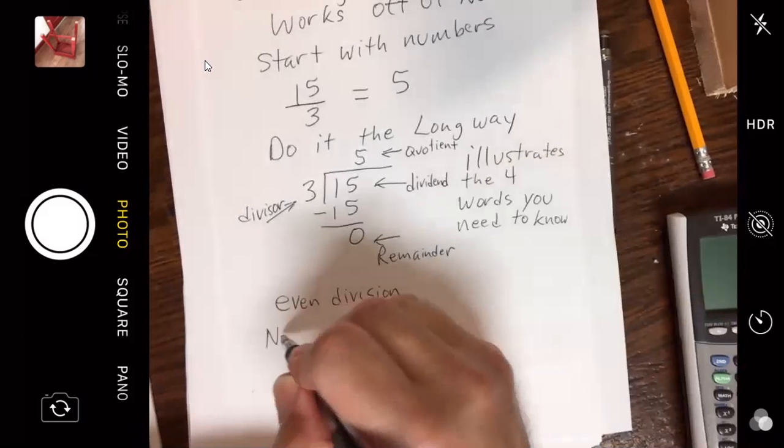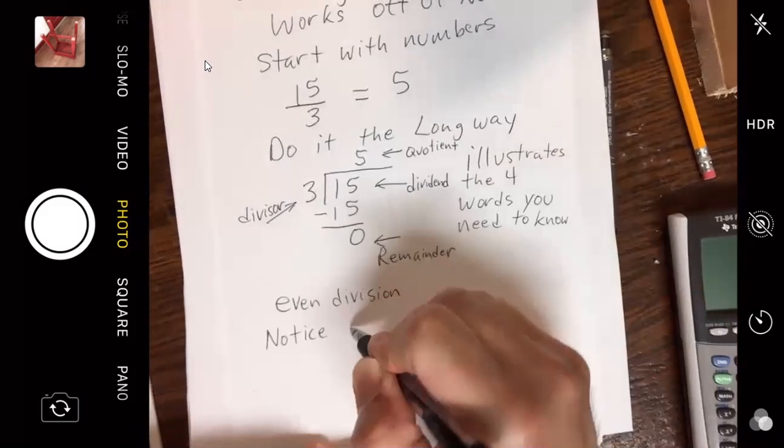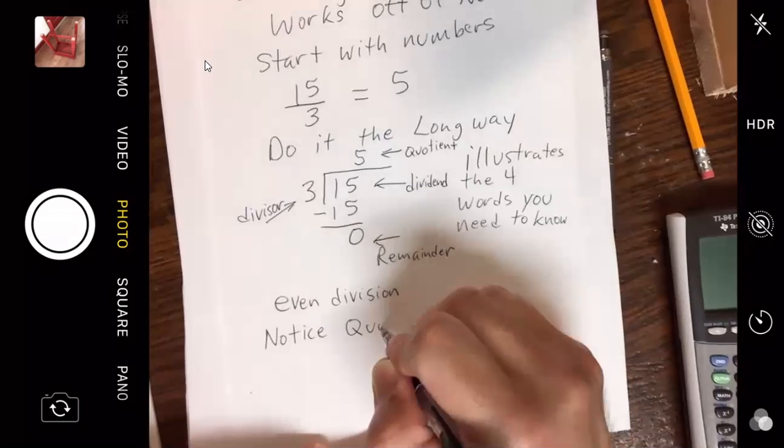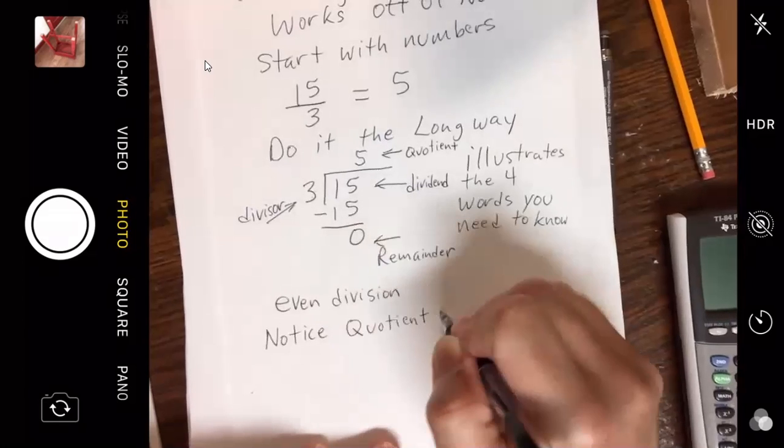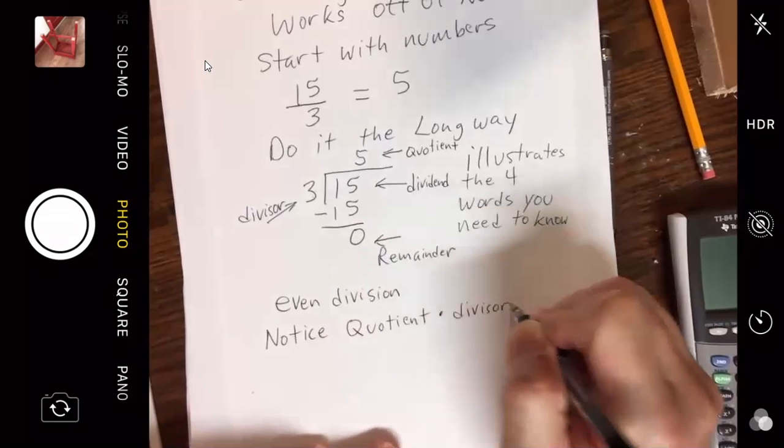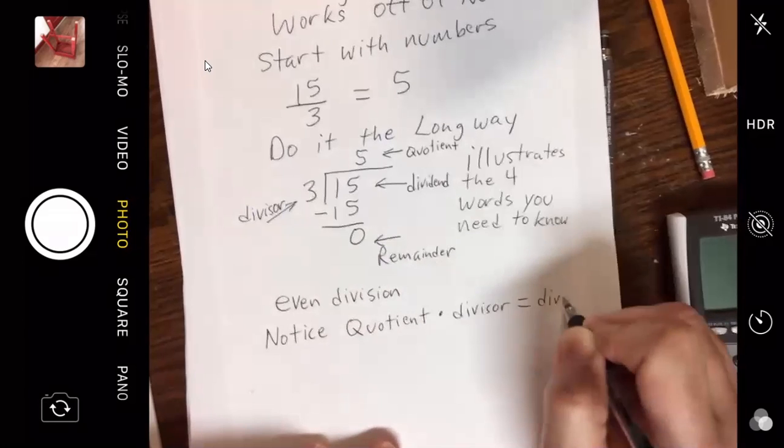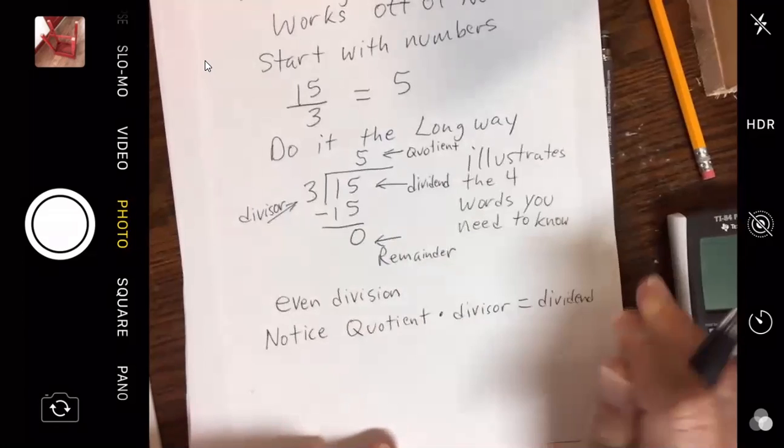Notice, quotient times divisor equals your dividend, with remainder 0.